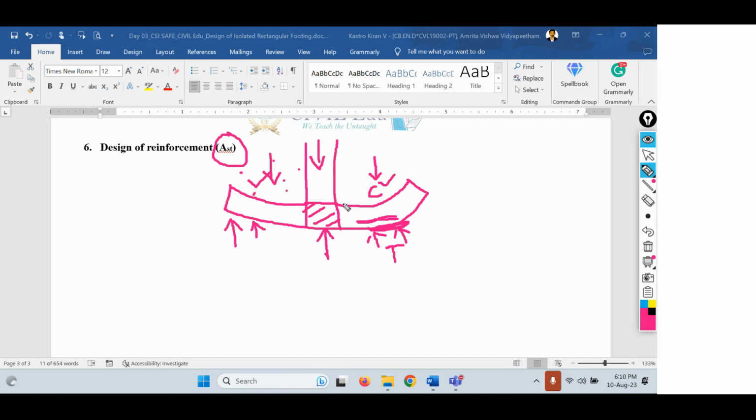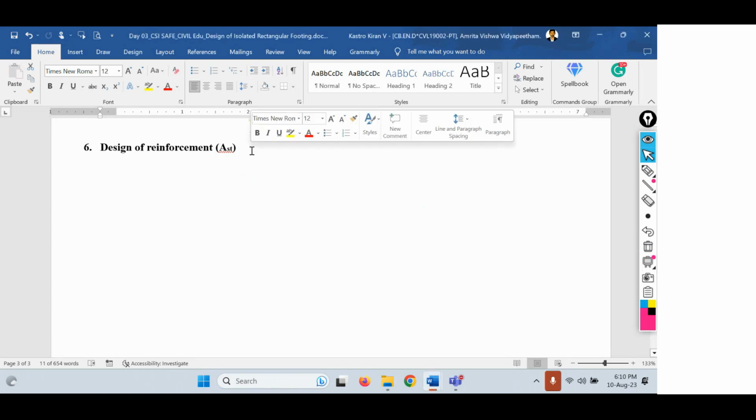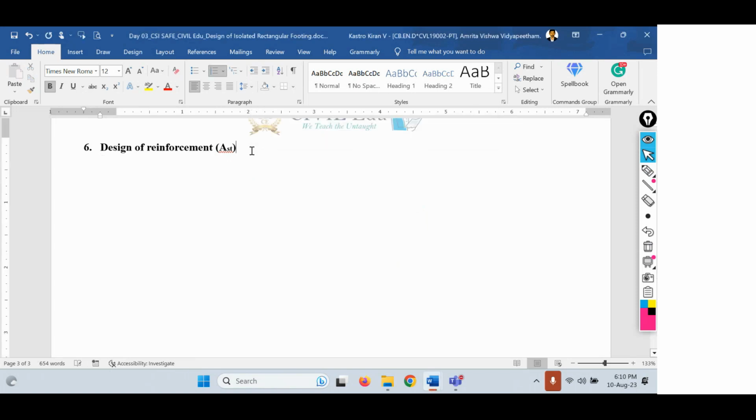I hope this pattern of bending moment is clear for you. Right. So now let us identify the area of the reinforcement condition, and then we'll go on to the determination of AST, the maximum AST, the minimum AST, all those things.